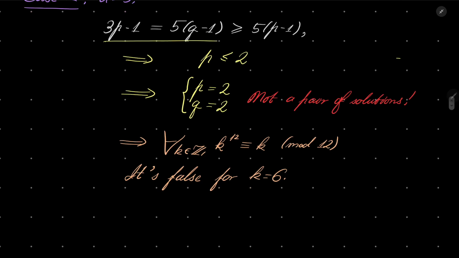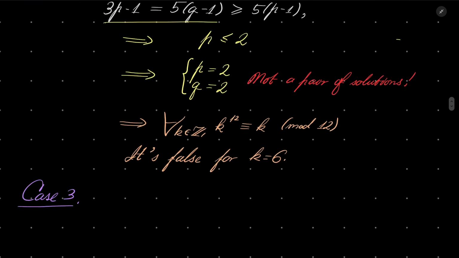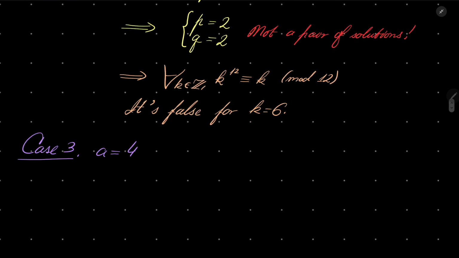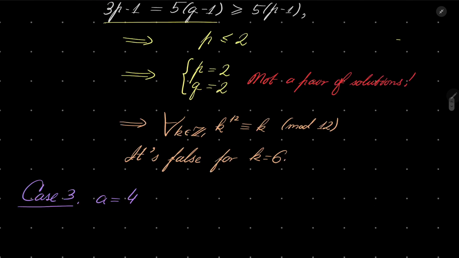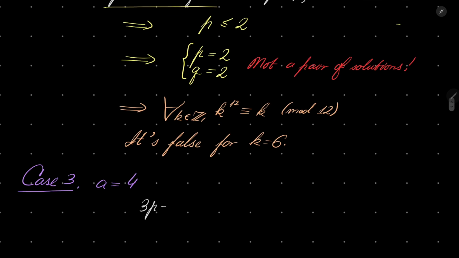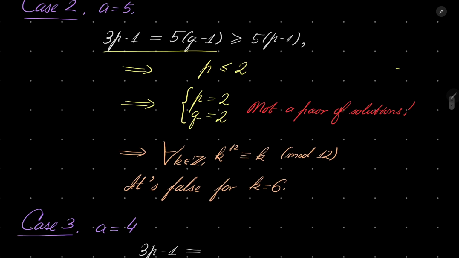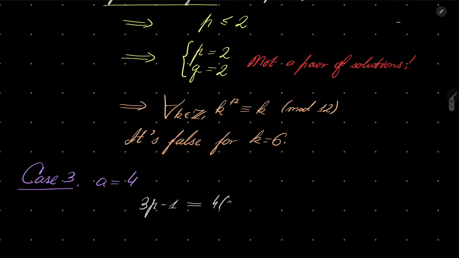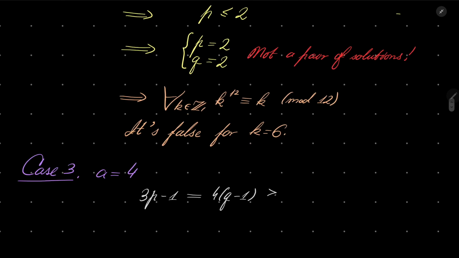Case number 3, A equals 4. What happens when A equals 4? When A equals 4, 3P minus 1 equals 4Q minus 1. But again, let's play our estimation game. This is greater than or equal 4P minus 1.